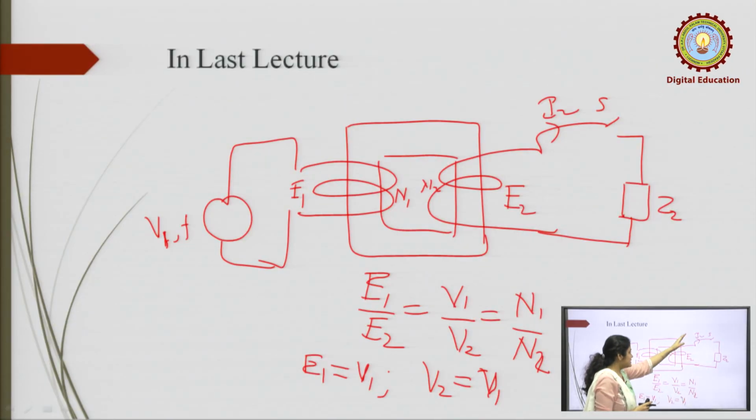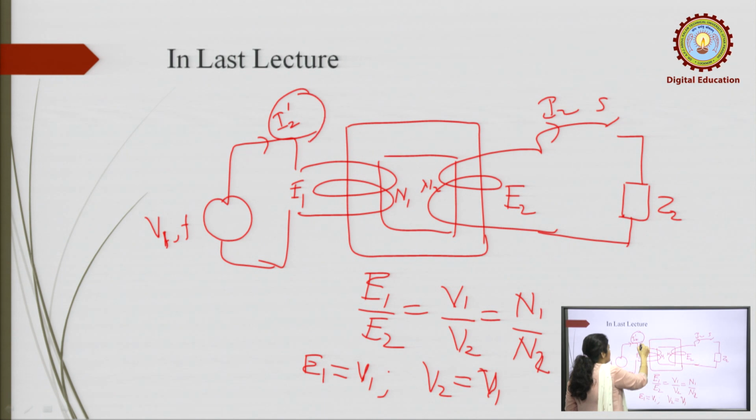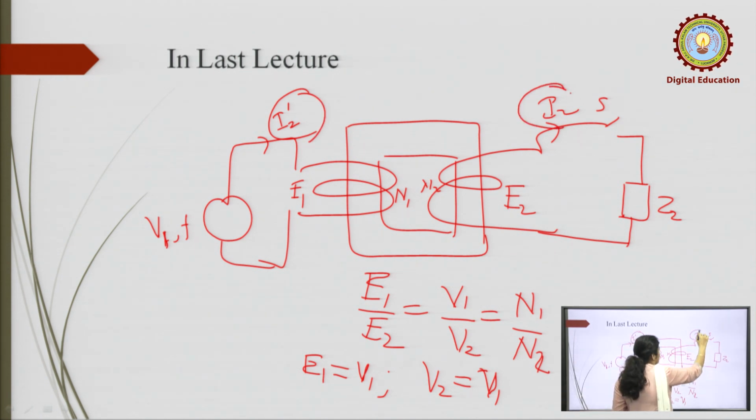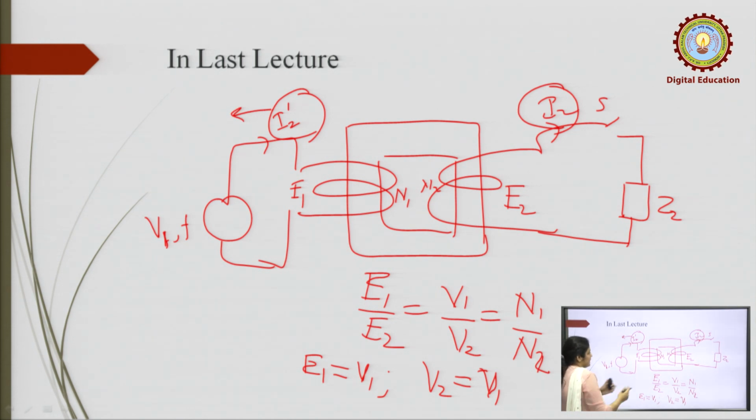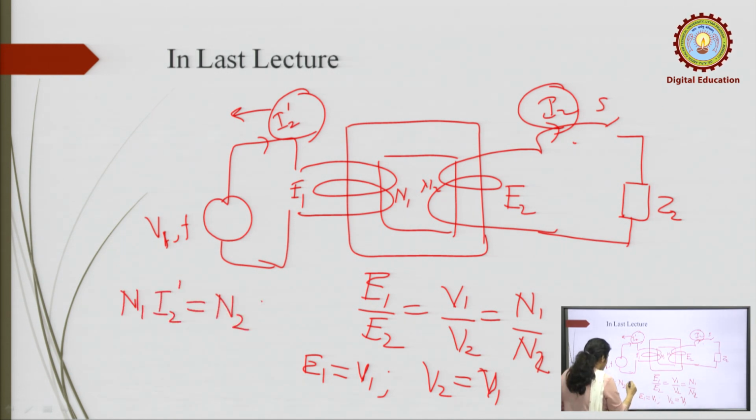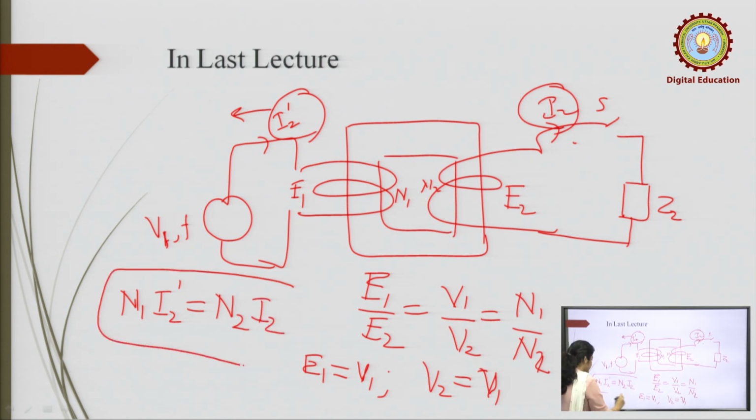As the switch is closed, the primary will draw the I2 dash current, whose MMF is equal to the MMF produced by I2. So this I2 current is compensated by I2 dash: N1 I2 dash is equal to N2 I2, which we have already seen.